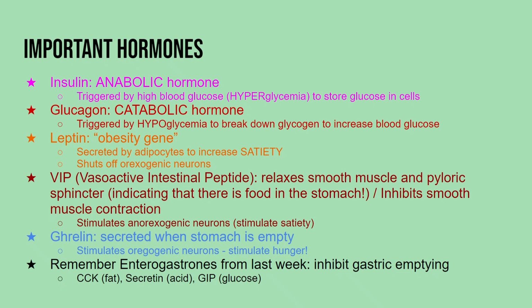The opposite, when you are hungry, ghrelin is released, and that's the hormone that's secreted when your stomach is empty. Ghrelin stimulates orexigenic neurons.